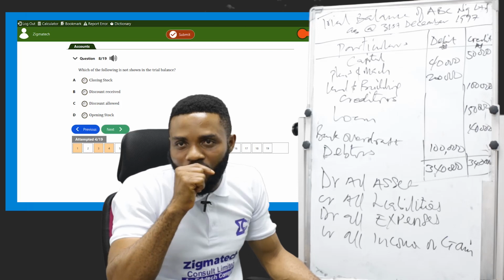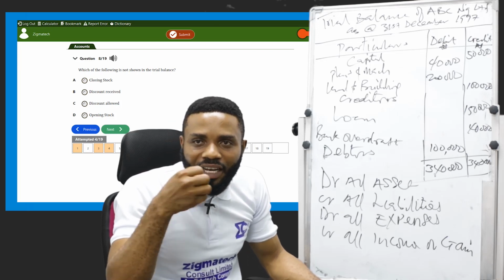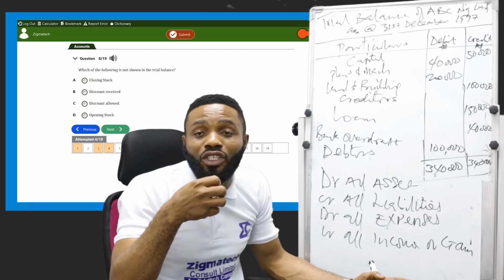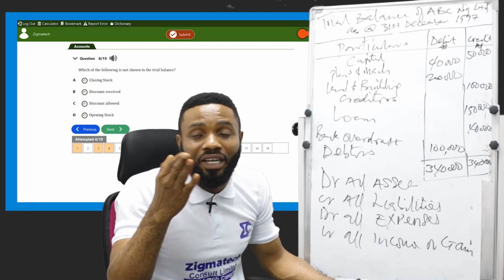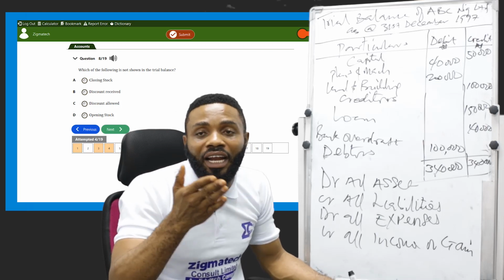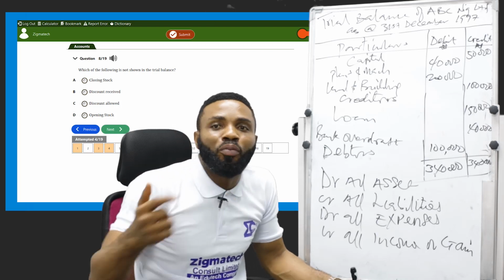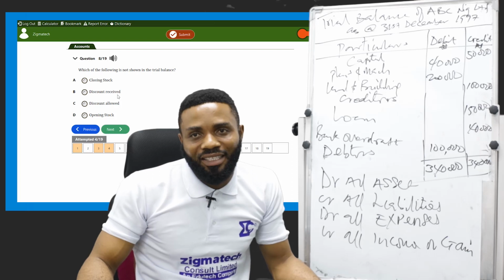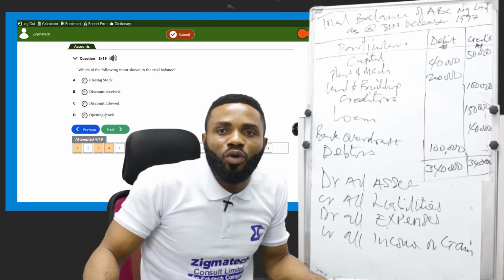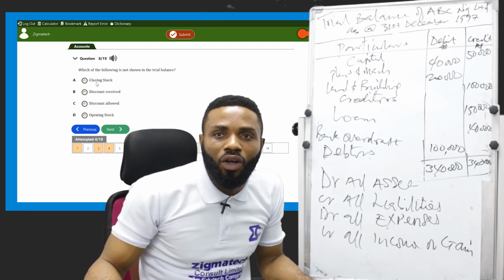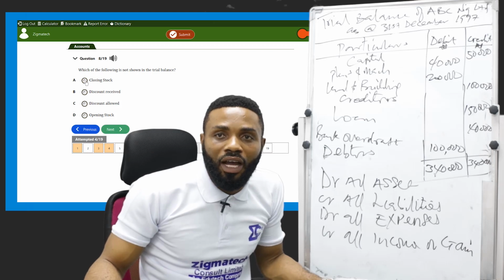So in this case, discount received is an income. It should be credited. Discount allowed is an expense. It should be debited. And opening stock is an asset, so it should also be debited. So closing stock is the answer.